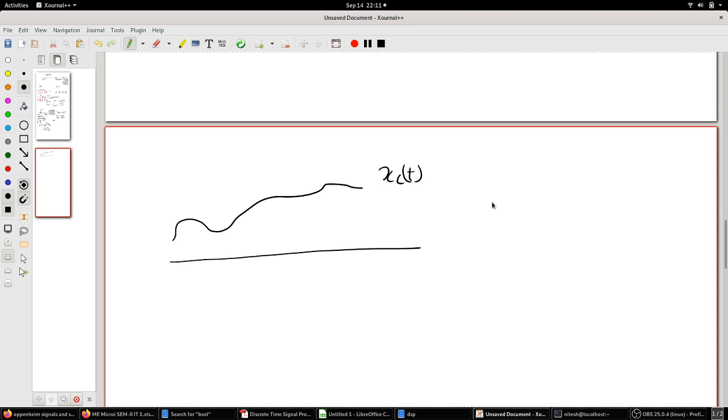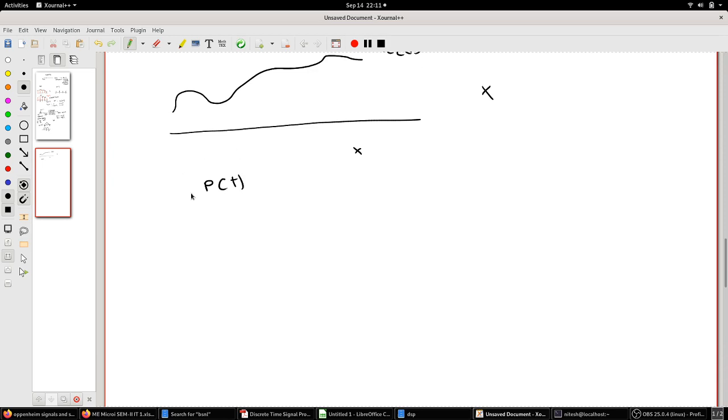Now if I multiply this by a p of t, which has got a period something like this, which period is t1 is t, okay, it's t.